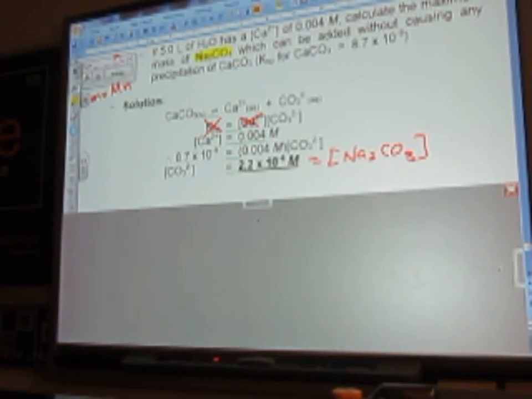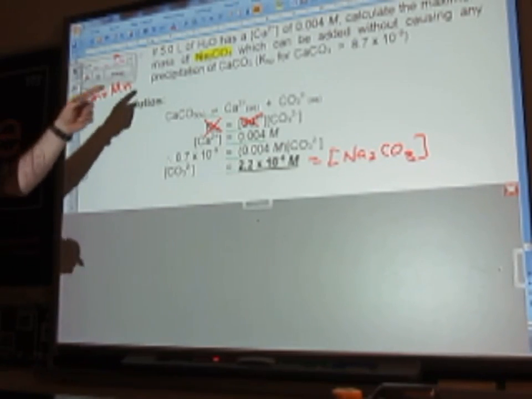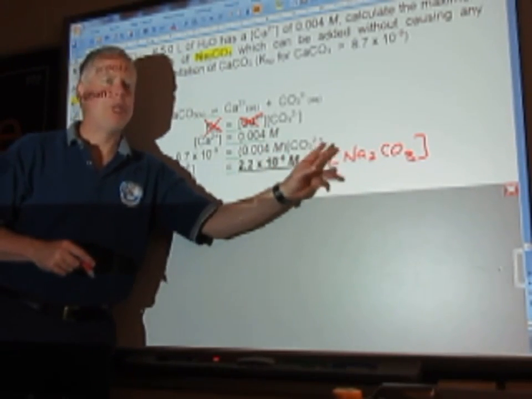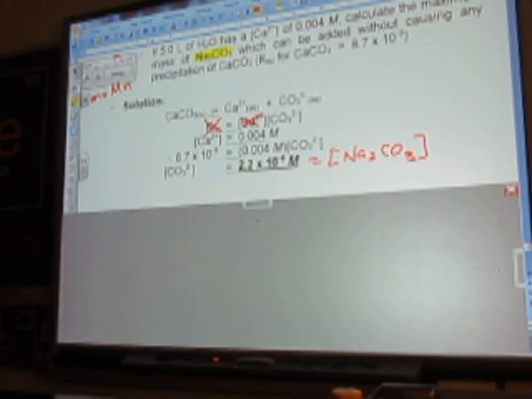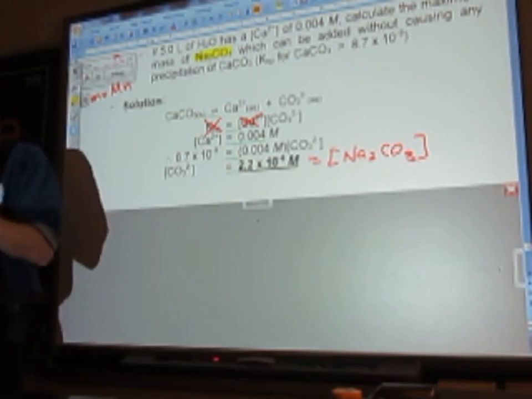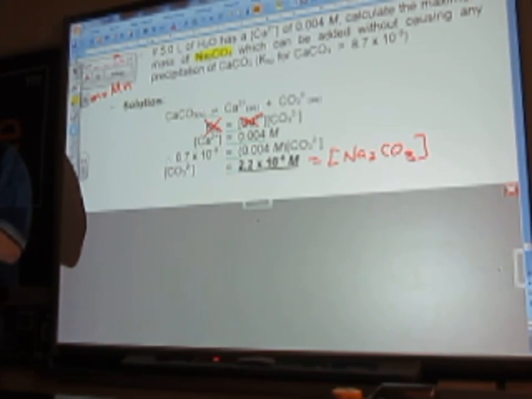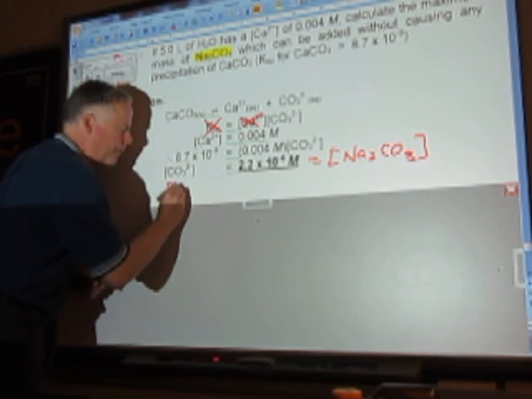So now, I'm not being sarcastic here, but let's go back to grade 11. You can all answer this question, and did answer it in grade 11. How much mass do I need to add? How much mass does that concentration represent? So what are the units for concentration? Moles per liter.